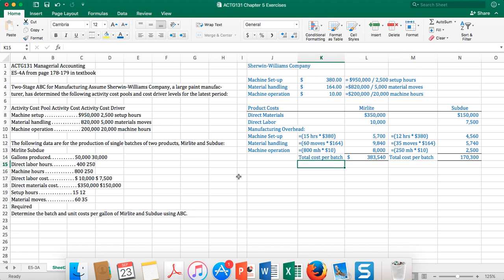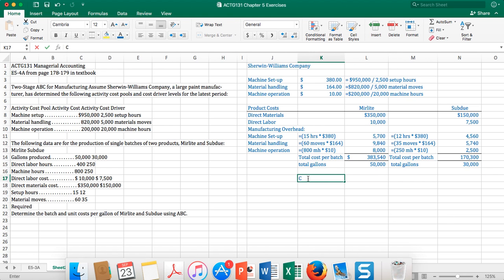So for Merlite, total gallons produced, 50,000, right? We got that from right there. And total gallons produced for Subdue, I could spell, or rather type, 30,000. So now we have our cost per gallon.